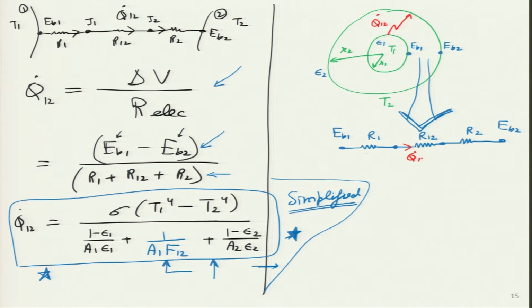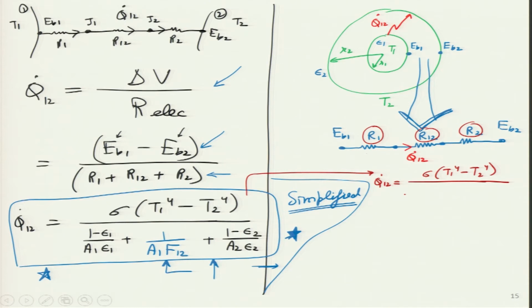This is the current flowing through this, and to calculate this value, all I need to do is use this particular expression from here. So, Q dot 12 directly turns out to be sigma (T1 to the power 4 minus T2 to the power 4) divided by the resistances. All I need to do is write the terms for these resistances over here.